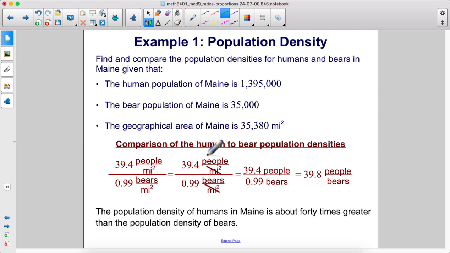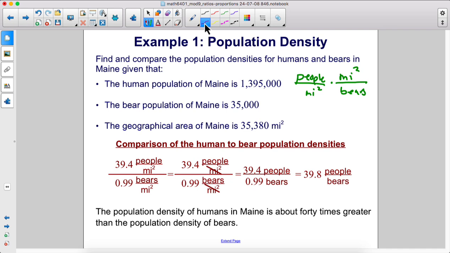Then look what happens. We have people per square mile divided by bears per square mile. Now remember, when you divide by a fraction, it's the same thing as flipping and multiplying. So we invert this fraction, miles squared over bears.